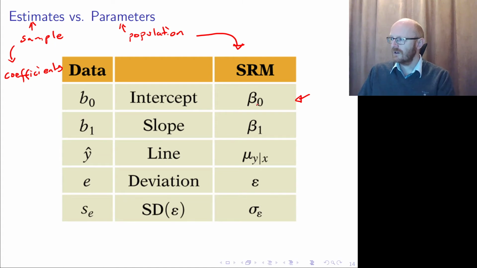So these unobserved parameters, we want to know something about them. But what we can calculate based on the sample are the coefficients, which are just estimates of the population parameters.